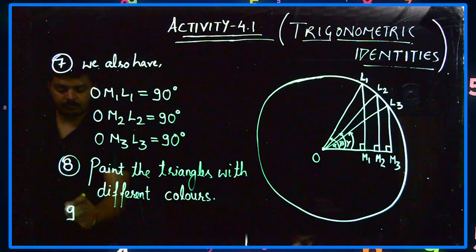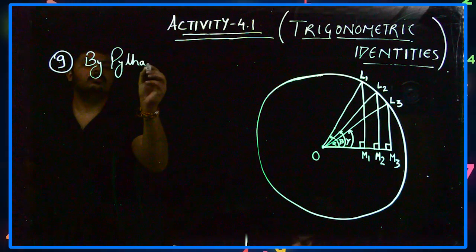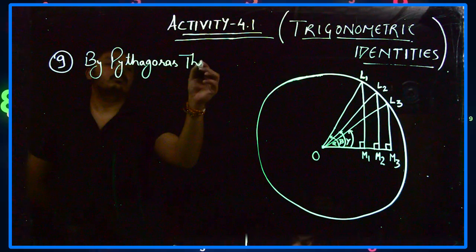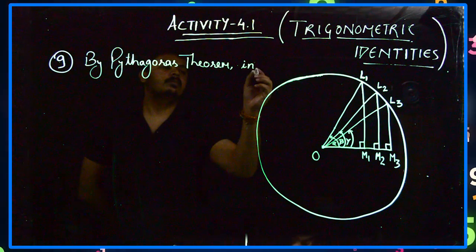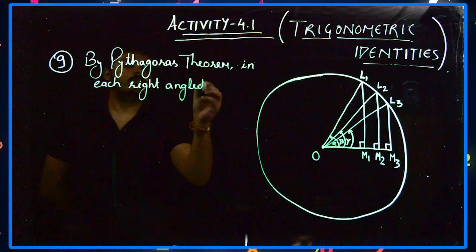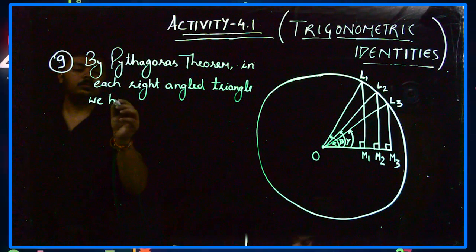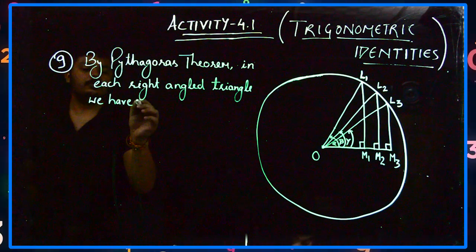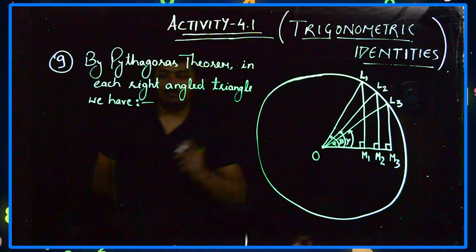Step 9. By Pythagoras theorem, in each right angle triangle, we have base square plus perpendicular square equals hypotenuse square.